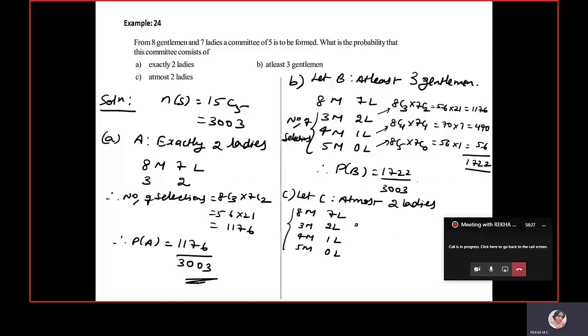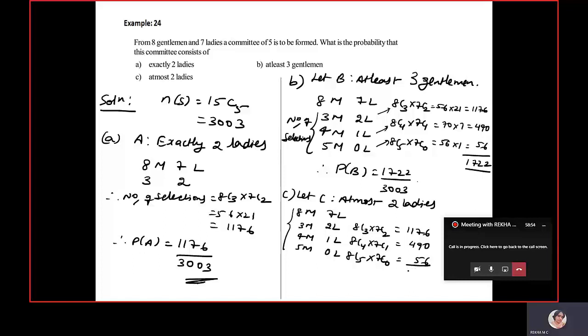So it is 8C3 into 7C2, then 8C4 into 7C1, then 8C5 into 7C0. You can just write down the values directly: 1176, 490, 56.